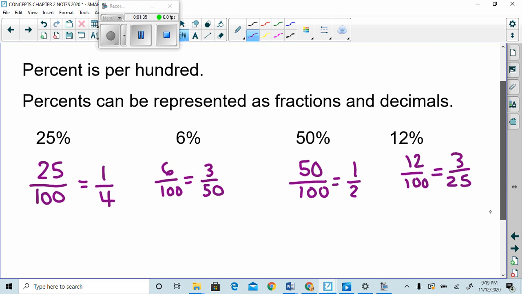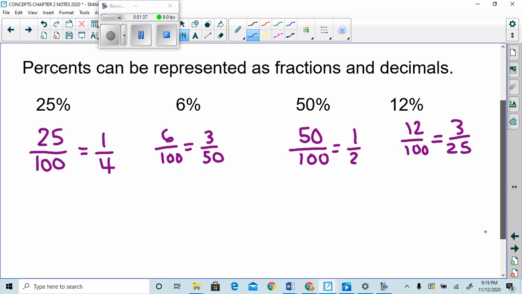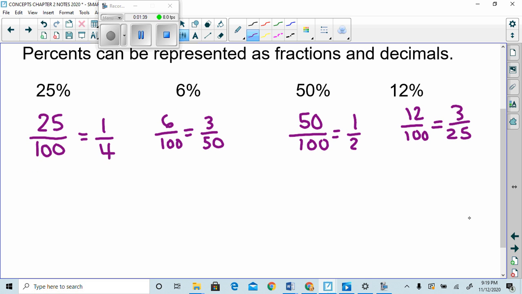So again, percent can be written as a ratio to 100. Percents can also be written as decimals. Now I read this as 25 hundredths, and if I write it as a decimal, this is 25 hundredths. Another way to remember this is that 25%, you drop the sign and move your decimal over 2 places because you're dividing by 100.